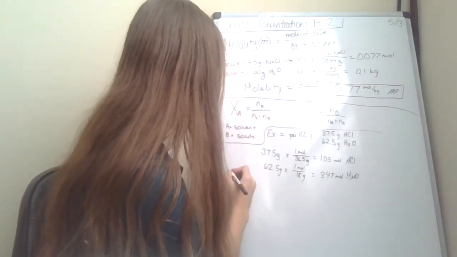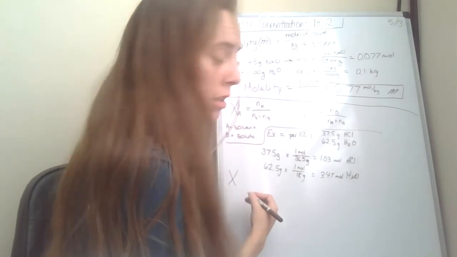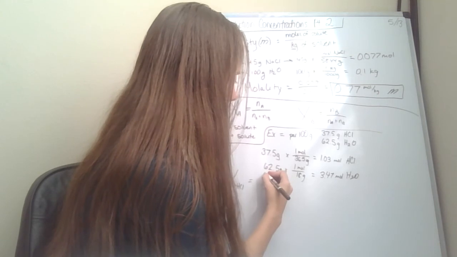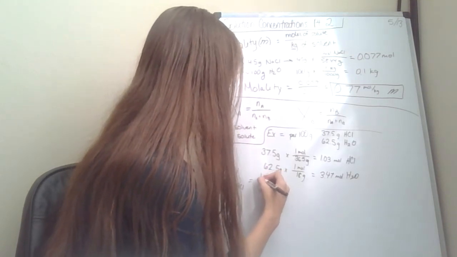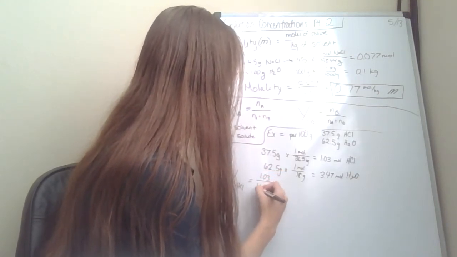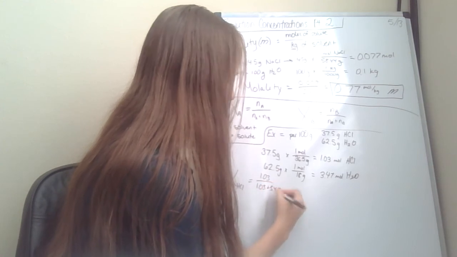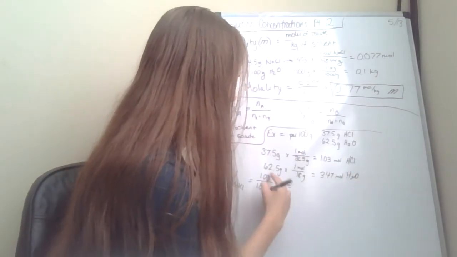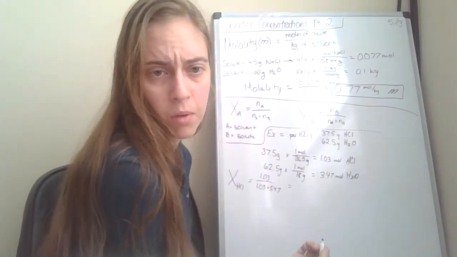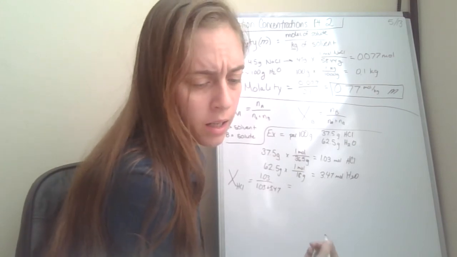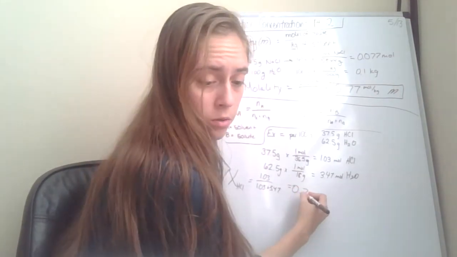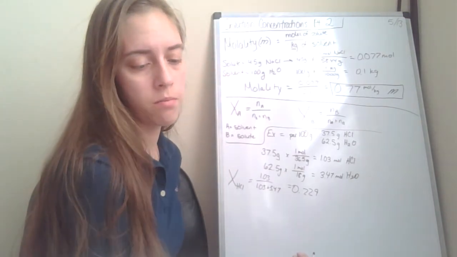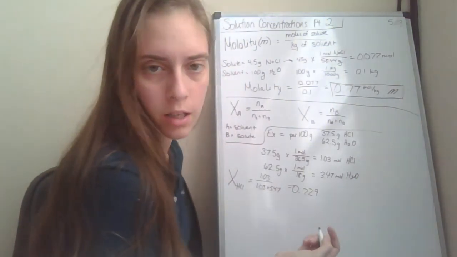All right, so our mole fraction of, let's do HCl first, equals the number of moles of HCl, so 1.03 divided by 1.03 plus 3.47, which, if you do that together, it's just division and addition, ends up being 0.229. And there's no units here because it's moles divided by moles, so your units cancel out.